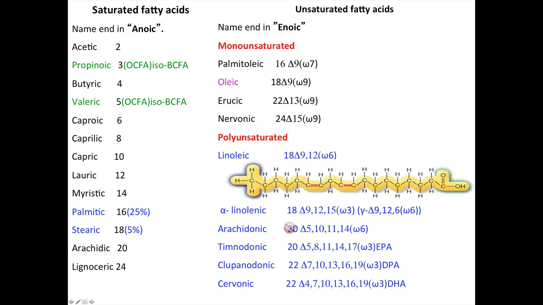Arachidonic acid, 20 carbons. Now, just a little side note here. Oleic acid is emitted by the decaying corpses of a number of insects, which includes bees and ants. Basically, when this oleic acid is secreted from these dead bodies, it alerts other worker bees to remove the dead bodies away from the site.